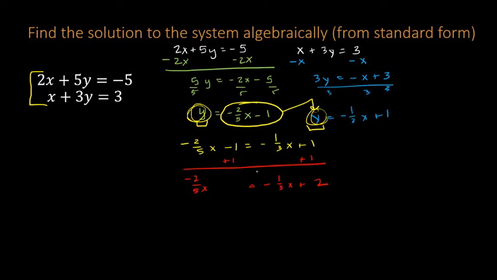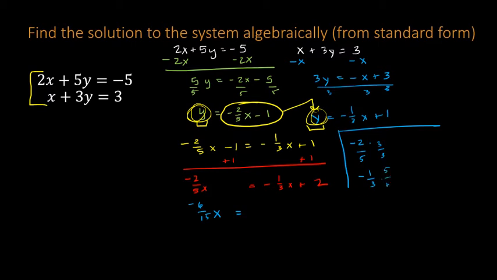So let's see, I'm looking for kind of a blank space to do this. So negative 2/5, if I wanted to rewrite this with a denominator of 15, I would multiply it by 3 over 3. So this is equivalent to negative 6 over 15x equals, and now I want to write negative 1/3 with a denominator of 15.